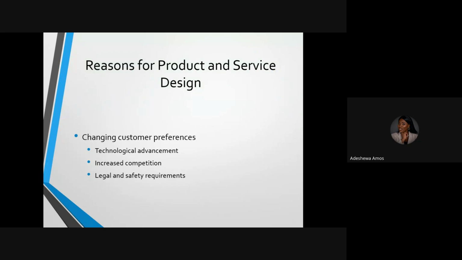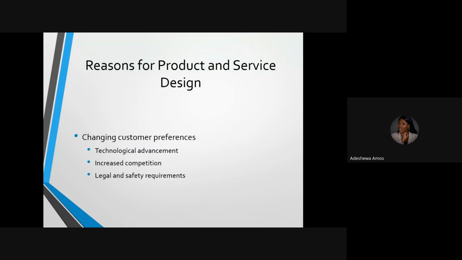So technology is advancing. The world is becoming a global village. One way or the other, we are all connected. So if technology is advancing, as a production or operation manager, you have to ensure that you go through what we call the product and or service design.